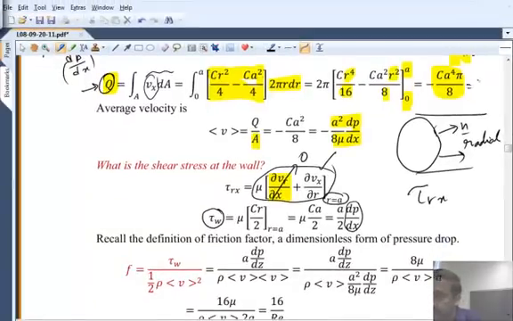Remember, C is 1 over mu dp dx, and then you have a to the power 4 pi over 8. Right? So if you ask the question, what is the slope of that line, you can figure it out from here: 1 over mu, a to the power 4, etc. So it's basically this relationship that we are plotting, which shows that it's a linear relationship between Q and delta P.